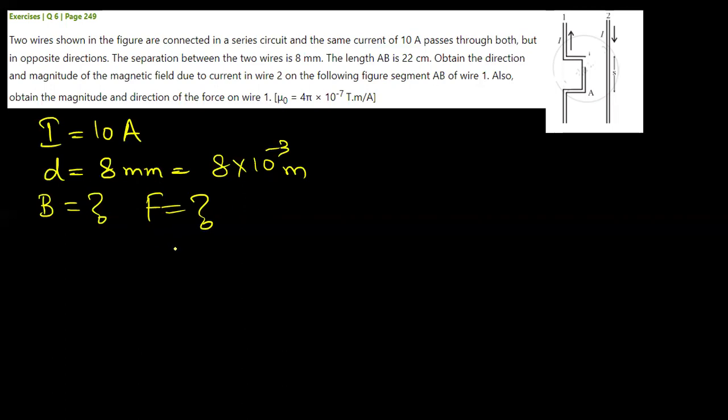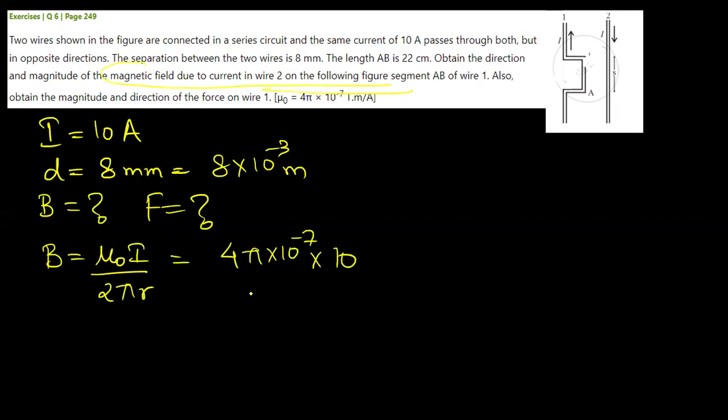B due to wire 2, you are supposed to find, due to the current in wire 2. Here it is given in the question, find the magnetic field due to current in wire 2 in the following figure. So we know that B is equal to mu naught I upon 2 pi R. So that is 4 pi into 10 raised to minus 7 into I is 10, divided by 2 pi into, here obviously I will take the separation. Instead of R, I will write d here, the separation, that is 8 into 10 raised to minus 3. In the actual formula it is R, but here we have taken it as d, so let us correct that.